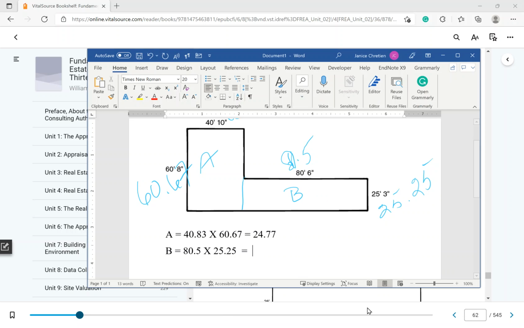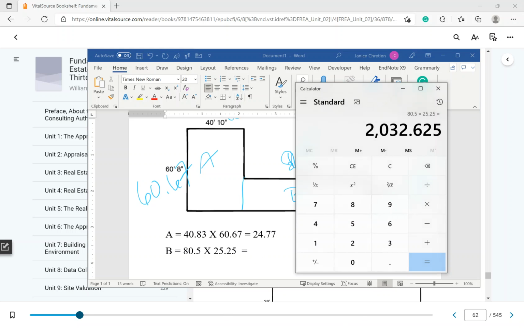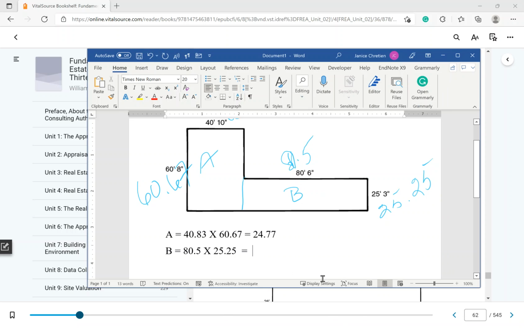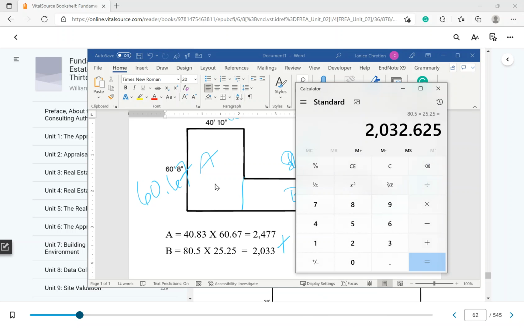Let's call that 2033. We'll round that one up. And then I add these two together, and my square footage is going to be 4510.